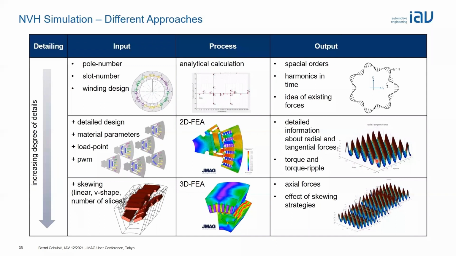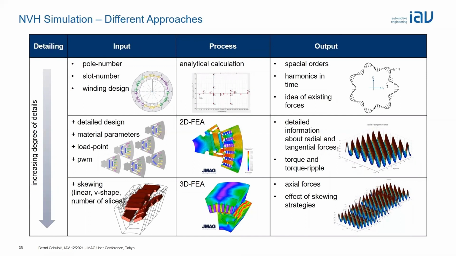And with that calculated force mapping, you go into your mechanical simulation, trying to calculate the deformation of the materials and at the end the noise radiation. So at IAV we have an integrated tool chain where we use JMAG as an electromagnetic part and several other tools, also some IAV own tools to get calculated noise radiation.